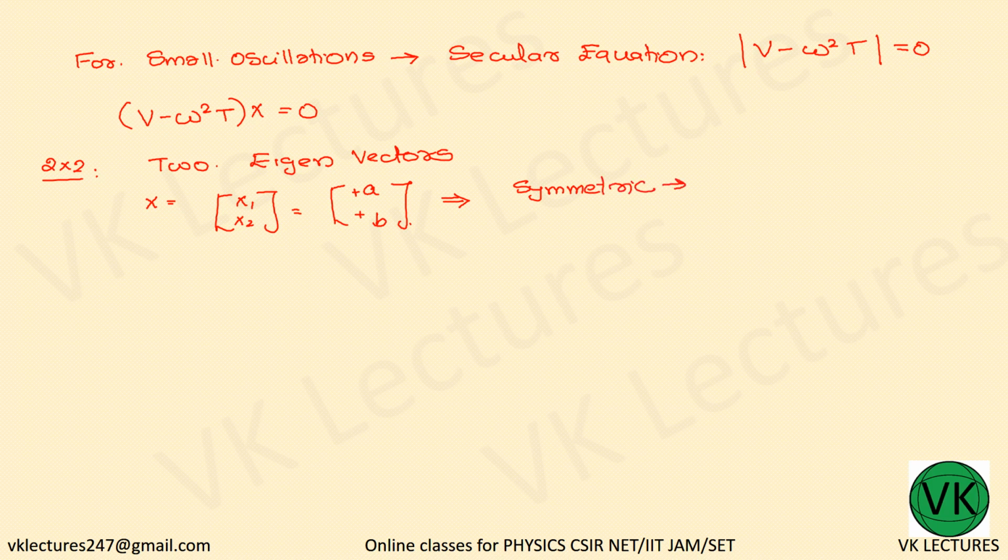Now this 2 by 2 matrix represents the atoms: this is A atom, this is B atom, either A molecule or B molecule. Now this oscillates in the positive direction. This is what is meant when you have both the values of this vector, plus A and plus B. Now similarly we will also have another eigenvector, x1, x2 equal to plus A and minus B. Now this is anti-symmetric oscillation.